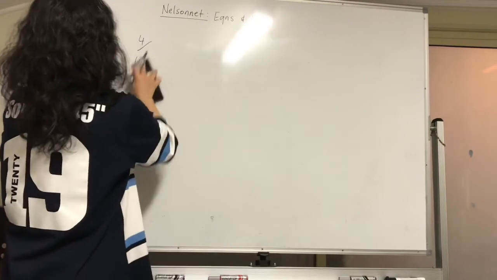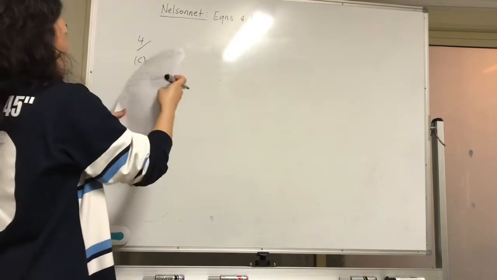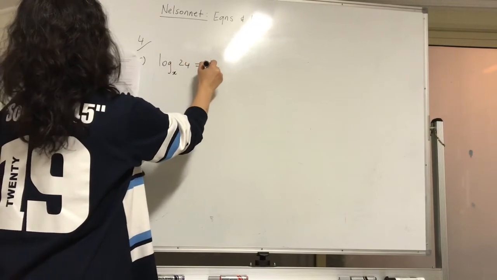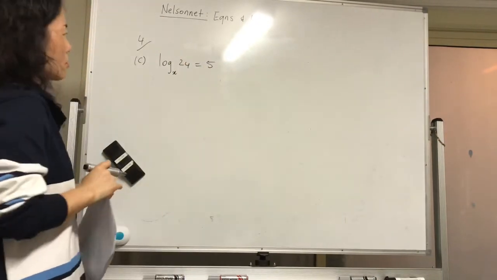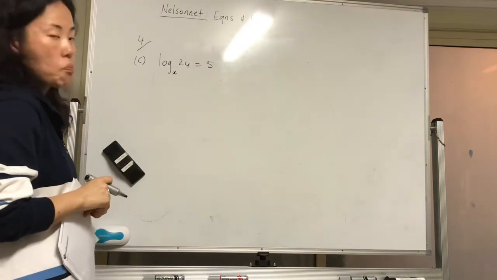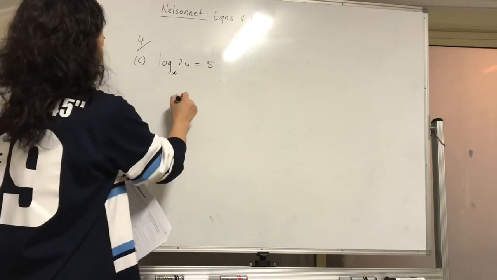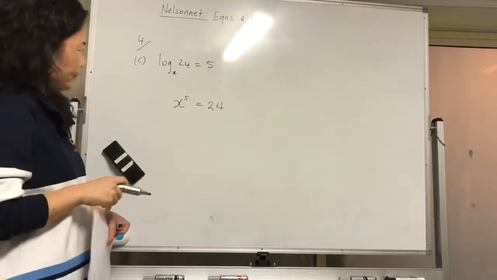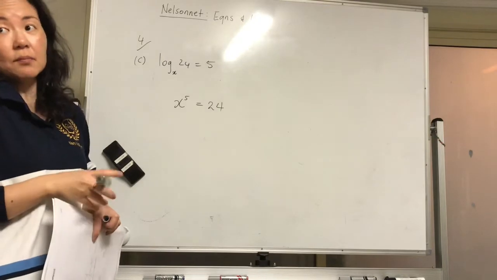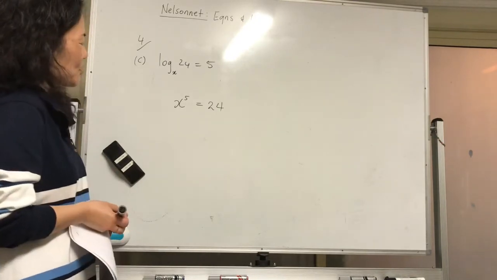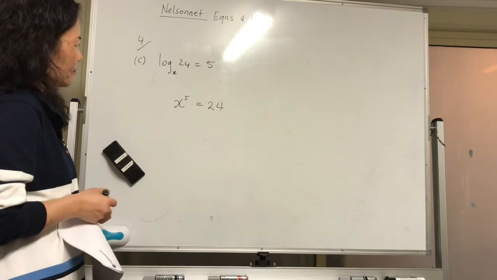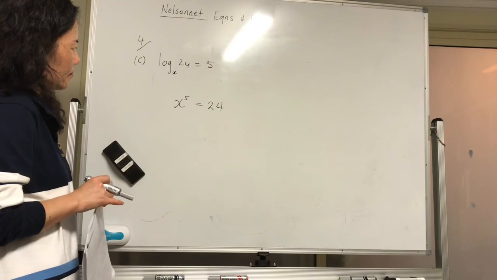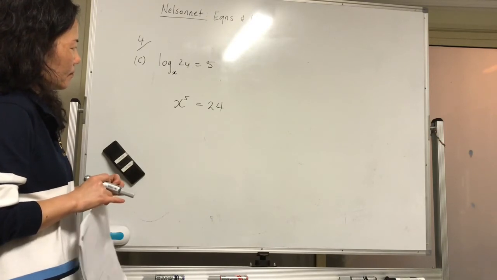What about the next one? C. Log base x of 24 equals 5. Oh, this is going to be easy too, I think, sort of. So what's our base? x. And what's the power? 5. Equals 24. Okay, so it wasn't as simple as I said. So what do we do here? We can do 5 squared.